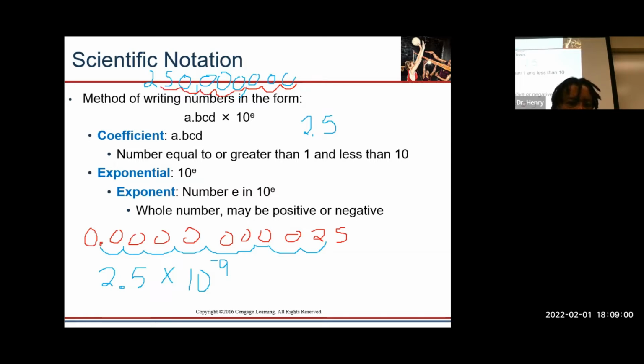So then it would be 2.5 times 10 to the 8. Okay. Now it's a positive number, so we know that that number is going to be a pretty large number.